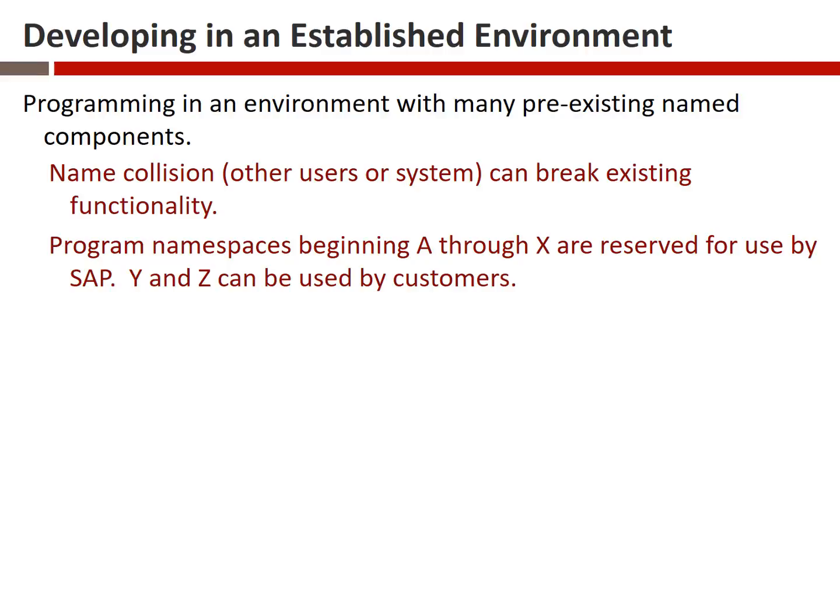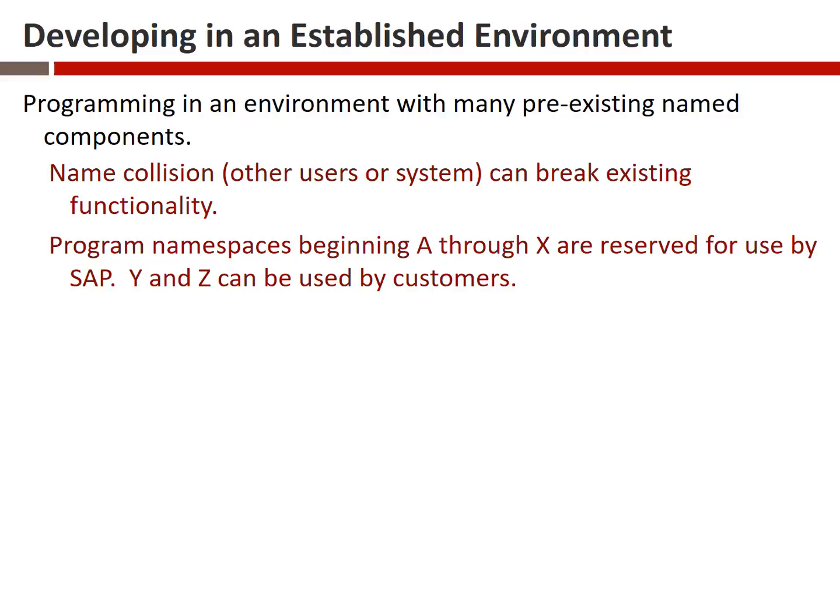What will happen is, if you try to create a program named Hello World, the system will basically let you try, and it'll pop up a screen and say, hey, give me your developer key. What it's looking for is a developer key that only someone who works for SAP as a developer would have.